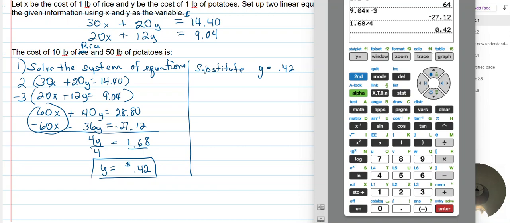So in our equation, we have the 30x, because we don't know what the rice is. We know the potatoes, plus 20 times 0.42 equals 1440.